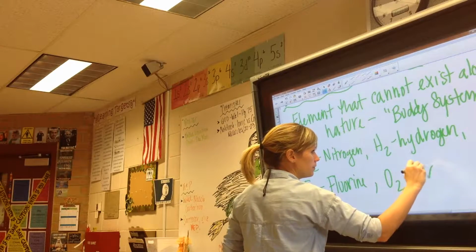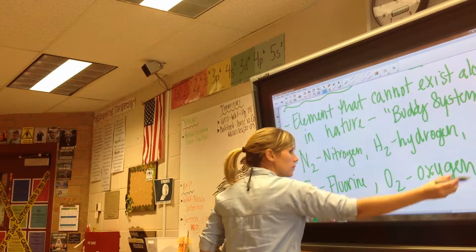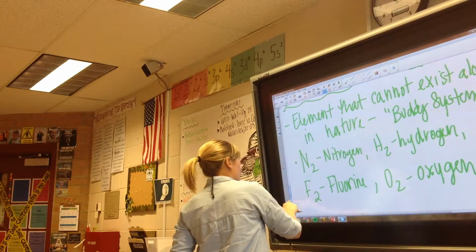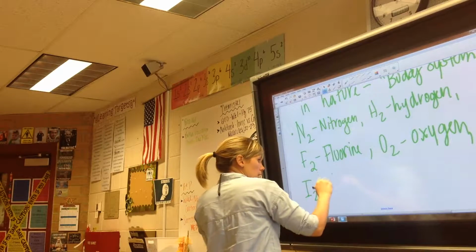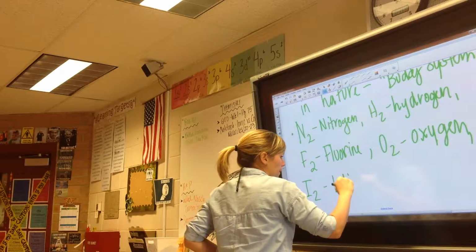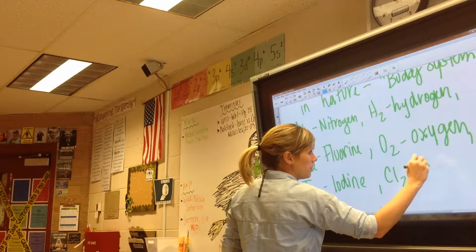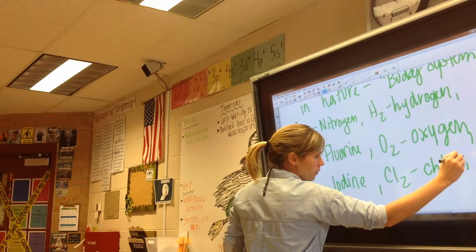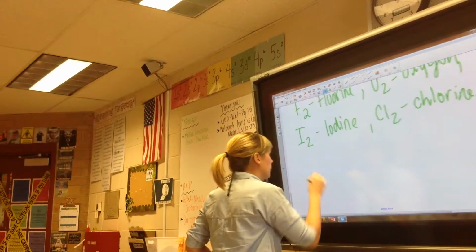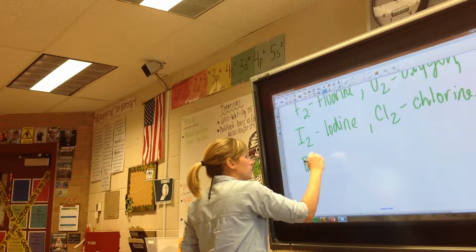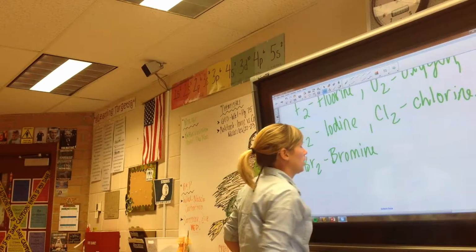O2 is oxygen. I2 is iodine. Cl2 is chlorine. And last but not least, we have bromine, Br2. So those are all of our diatomic molecules.